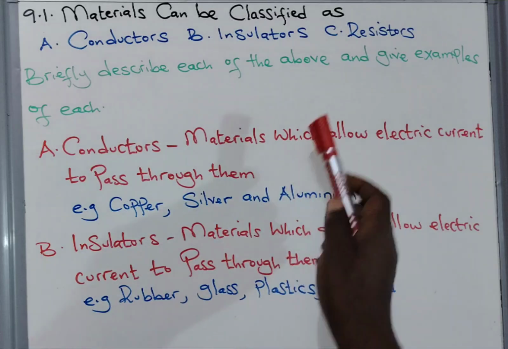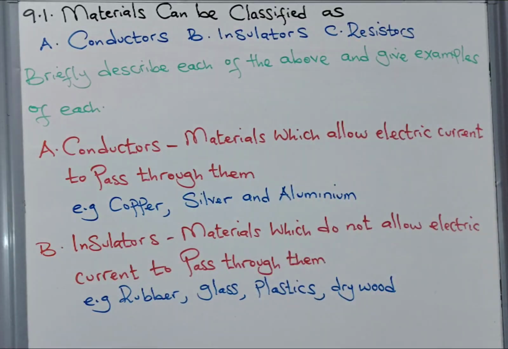Then we come to resistors. What are resistors? Resistors are materials which allow electric current to pass through them, but with difficulty. They somehow oppose the electric current which is going through them.